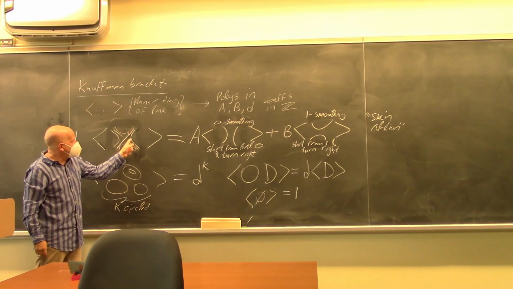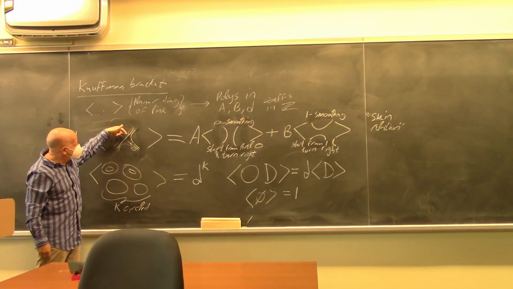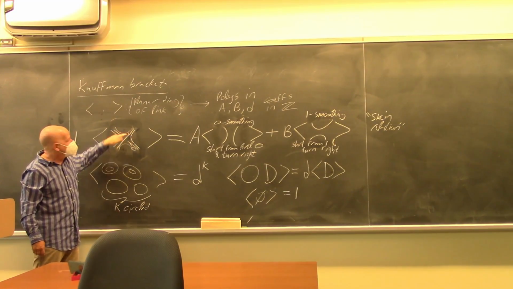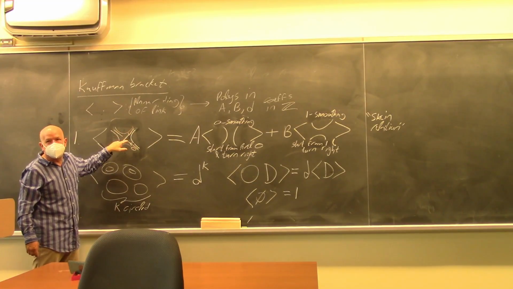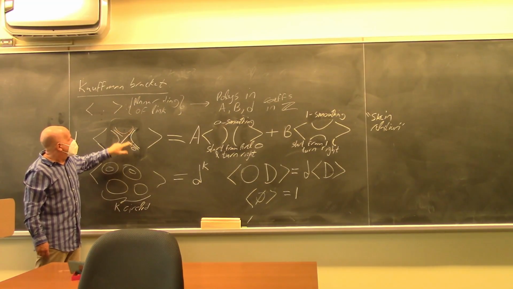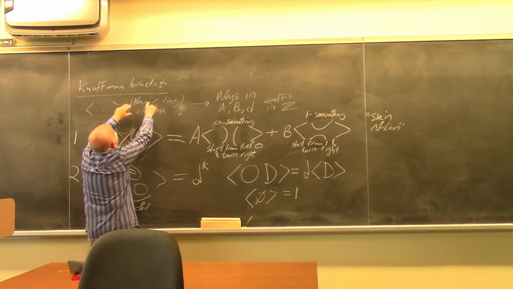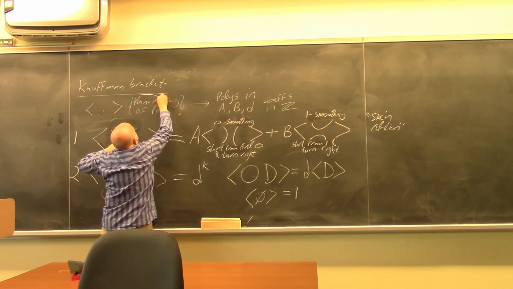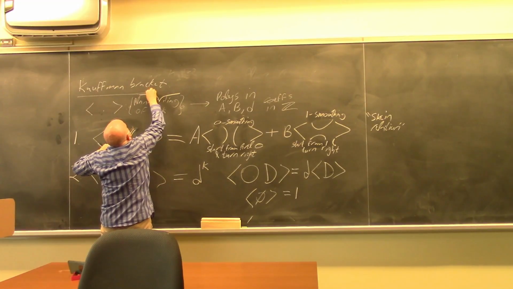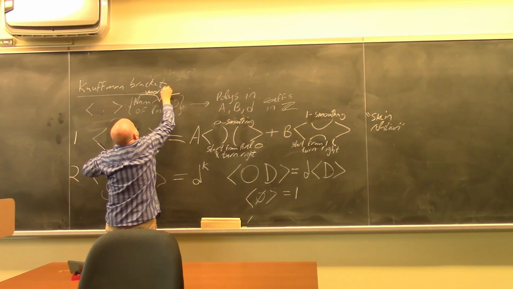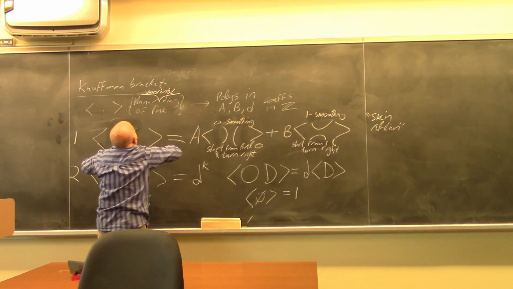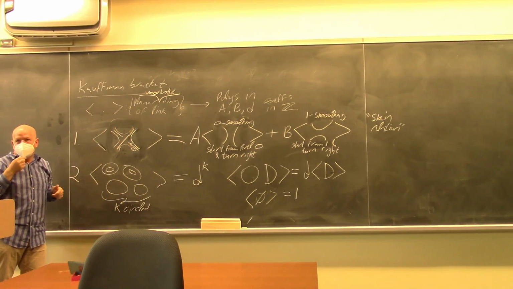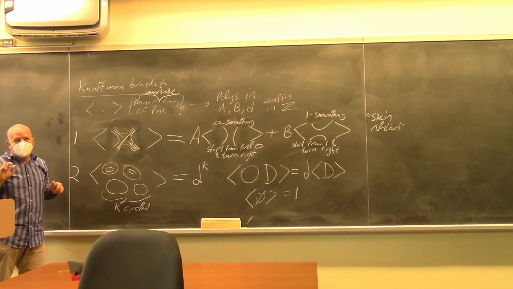Okay, but the smoothings do not inherit an orientation from the original edges. So really I should have said that this is a planar unoriented diagram of a link. Okay? Good.